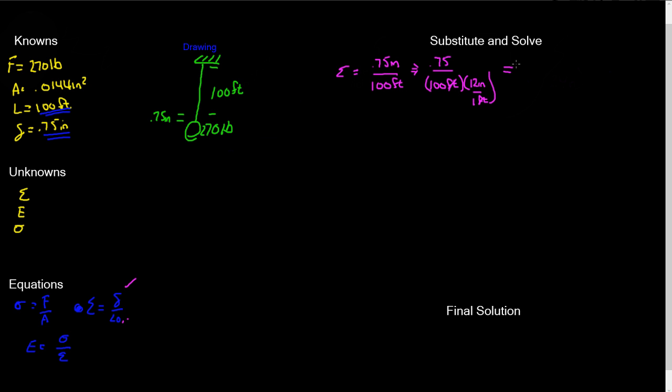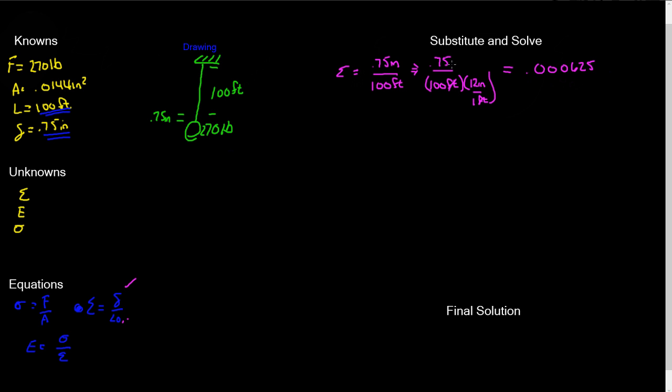What I come up with is 0.75 times 1 divided by 100 divided by 12. And this equals 0.000625. So I carried that out quite a ways. And this is inch over inch, so there's no real units to it. Let's go through and cancel our units and double check that as part of our process.